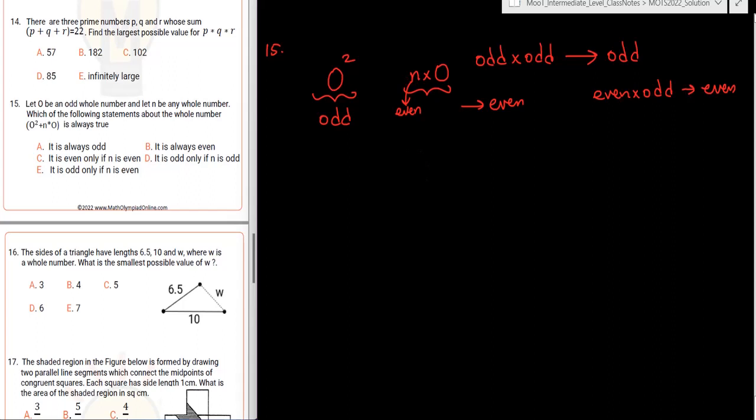If N is odd, then odd into odd is going to be odd. Okay. So this N times O has two possibilities. It can be even or odd, depending upon N. If N is even, this is even. If N is odd, N times O is odd. They are asking about the addition of these two. This is odd plus this one. Now you have two possibilities.